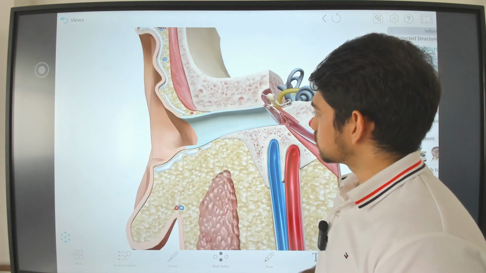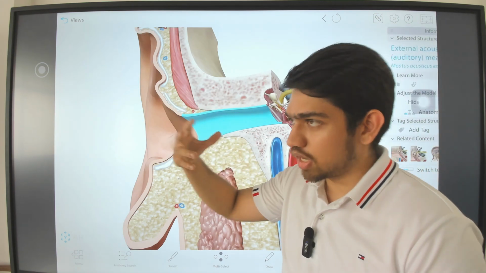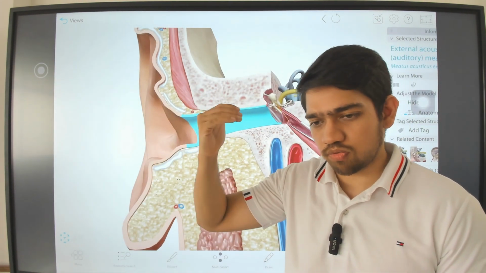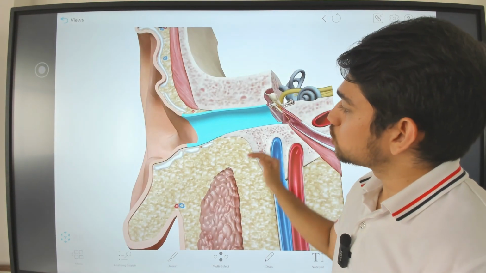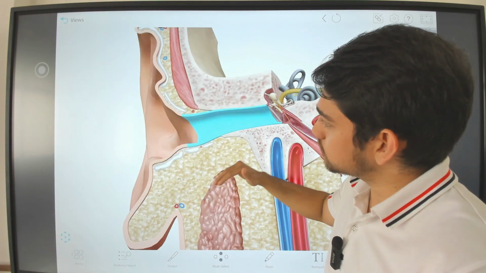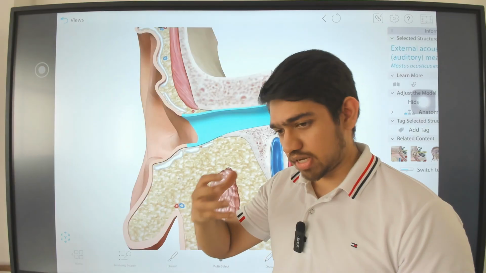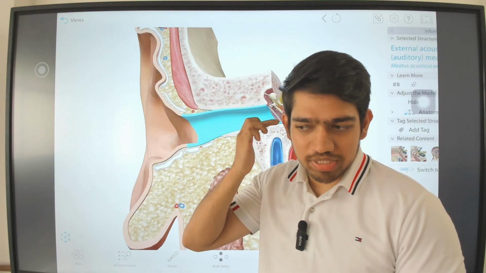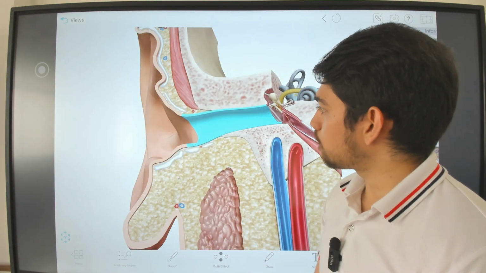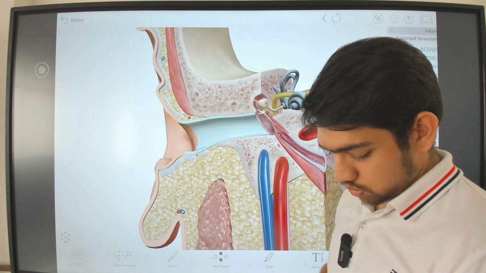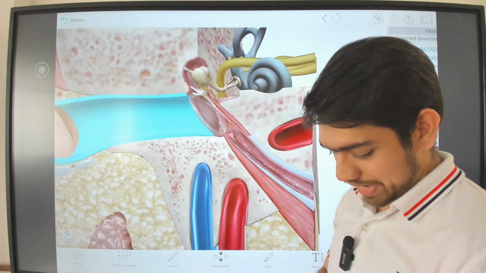Also it is covered with hair, again for protection as well as for the better transmission of sound waves. It also has sweat glands that are modified so that they secrete earwax. Again, earwax is there for protection because it can trap particulate matter and the earwax can come out. So those are the two parts of what we call the external ear.